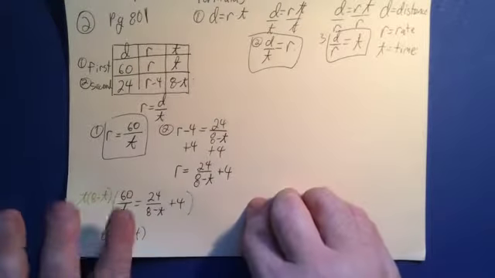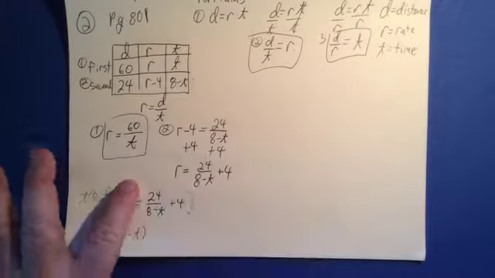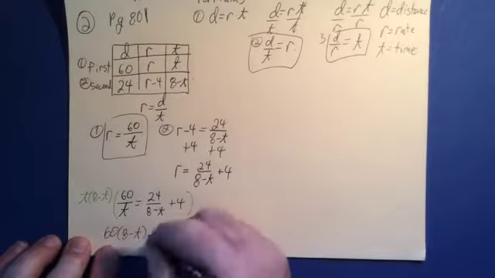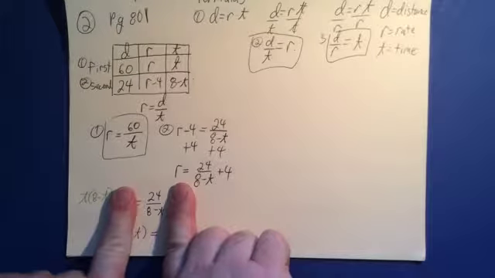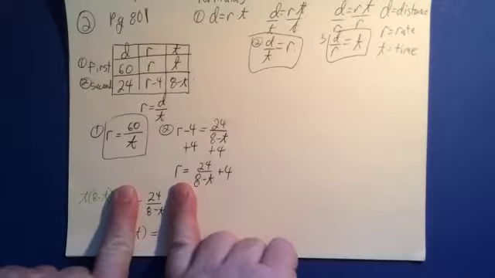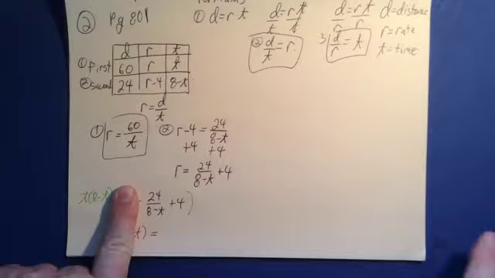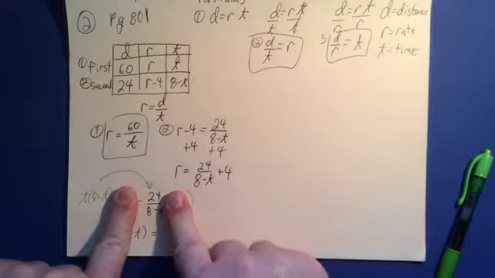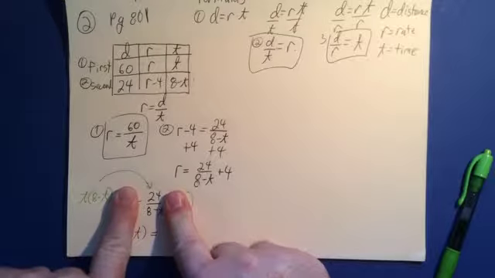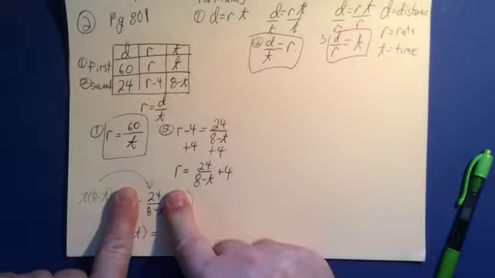The first part gives me the calculation 60 times 8 minus t. And this is going to be equal, so let me put that equal sign in there. I now have t times 8 minus t times the quantity of 24 over 8 minus t. Once you isolate this, you can do this with your fingers, you'll see that the 8 minus t's reduce each other, leaving you with only 24 times t.